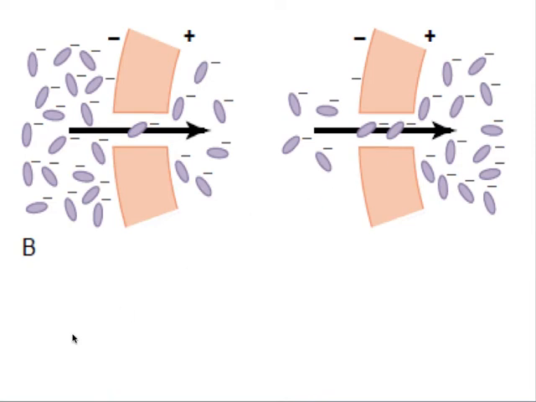This concentration gradient can drive more negative charges towards this side, but the negativity which is already building up on this side is going to stop these negative charges, no matter how much concentration gradient is present on both sides.